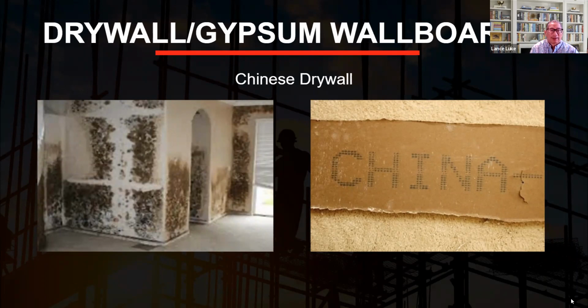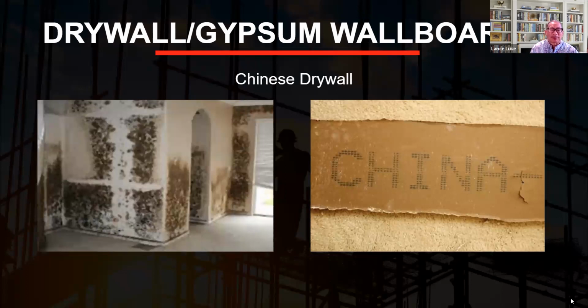Okay, now there's what's called Chinese drywall, which is to me not a good term, because how can drywall be Chinese, right? It should have been instead of Chinese drywall, drywall from China, because that's where it came from.